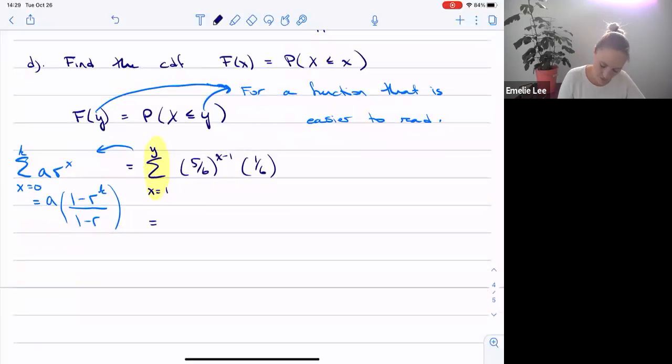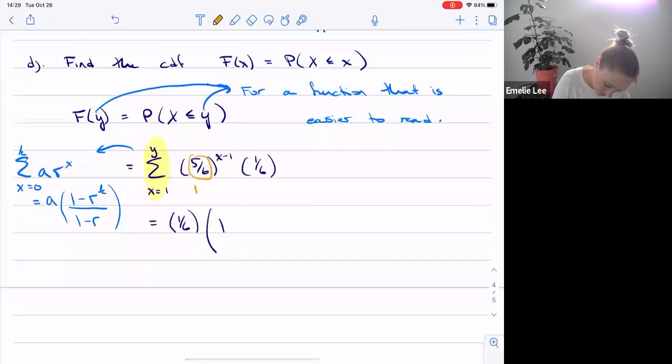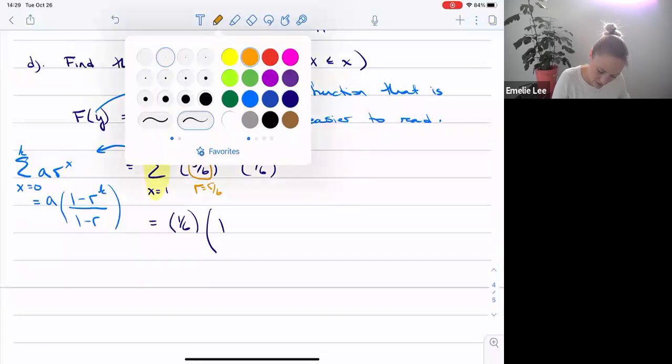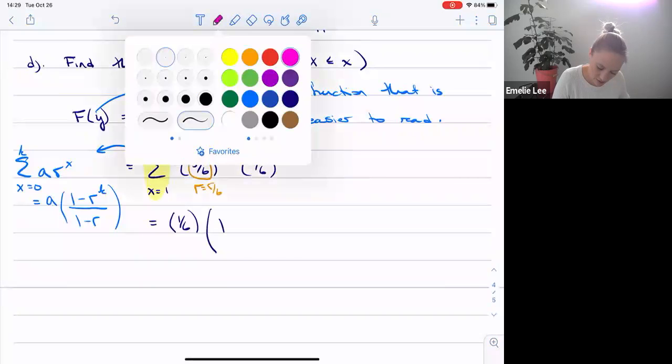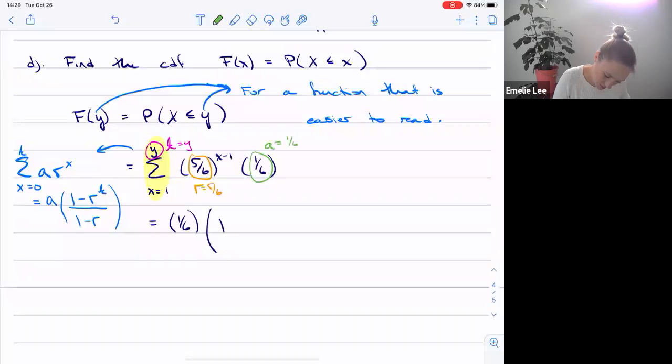So anyway, from here it becomes 1 over 6 times 1 minus 5 over 6 to the power of Y over 1 minus 5 over 6, because here R is 5 over 6, K equals Y, and A equals 1 over 6.